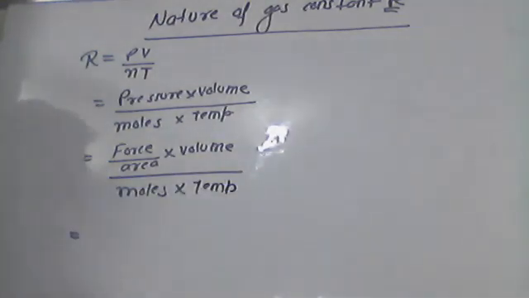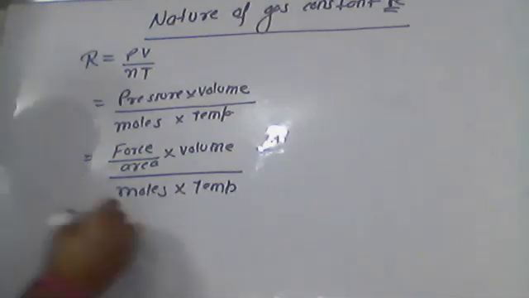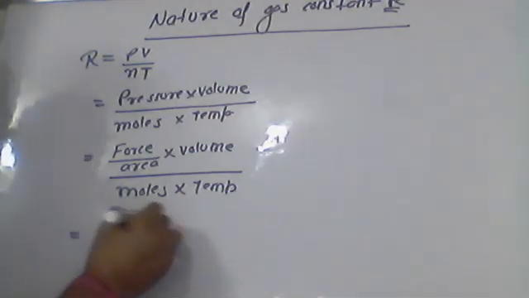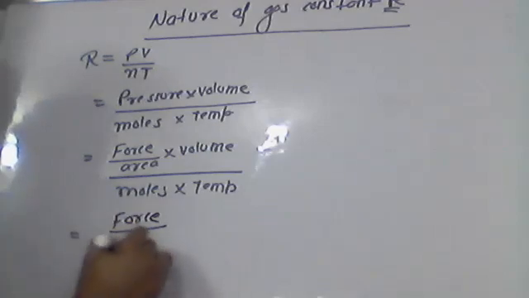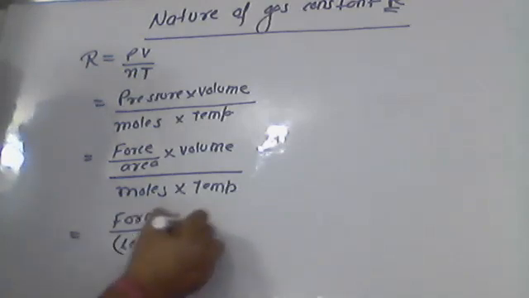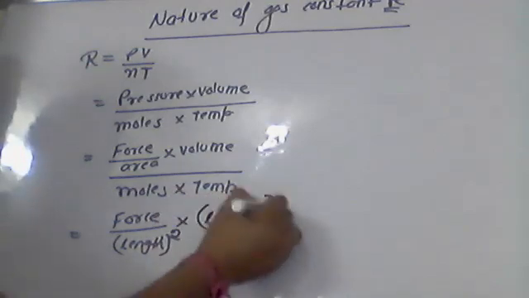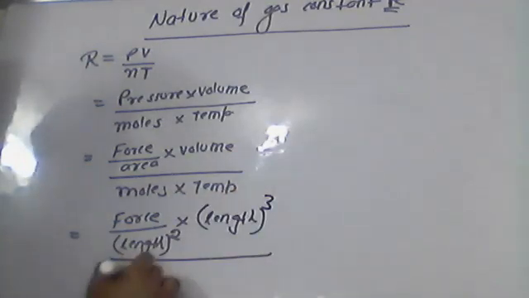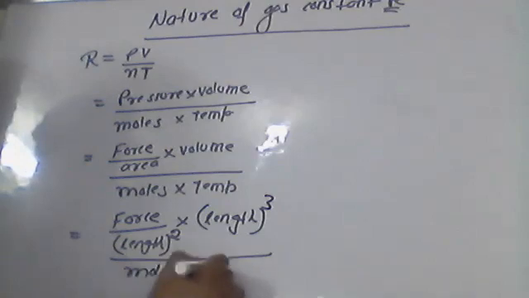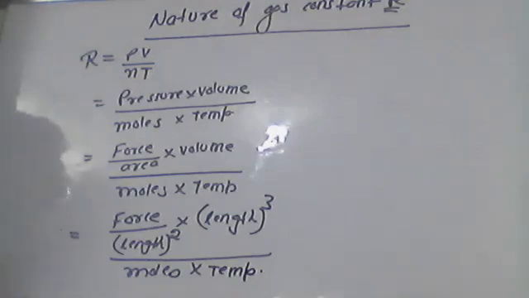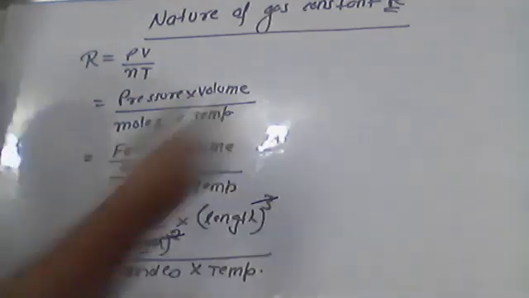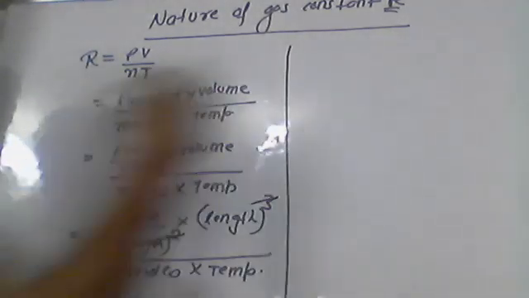Area is basically length squared, and volume is length cubed. The length squared cancels out. What are we left with?